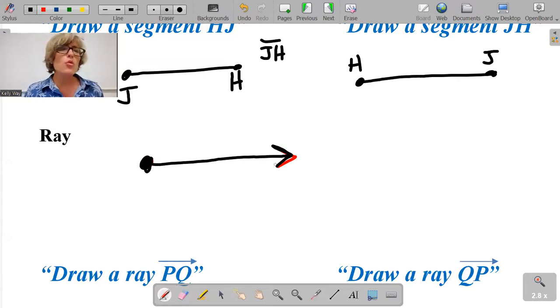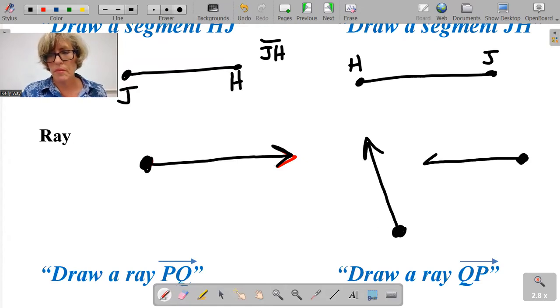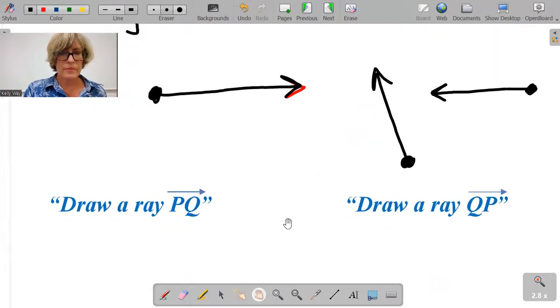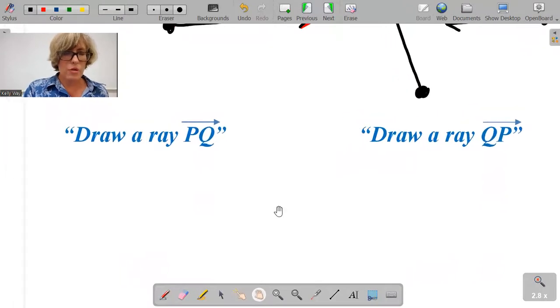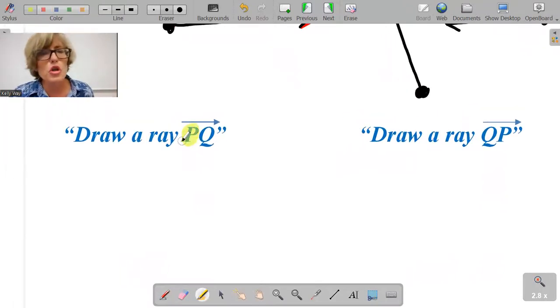We name rays by their endpoint, and direction doesn't matter. That's a ray. It's also a ray. But for the notation of a ray, this first letter is always the endpoint. The second letter is towards the arrow.